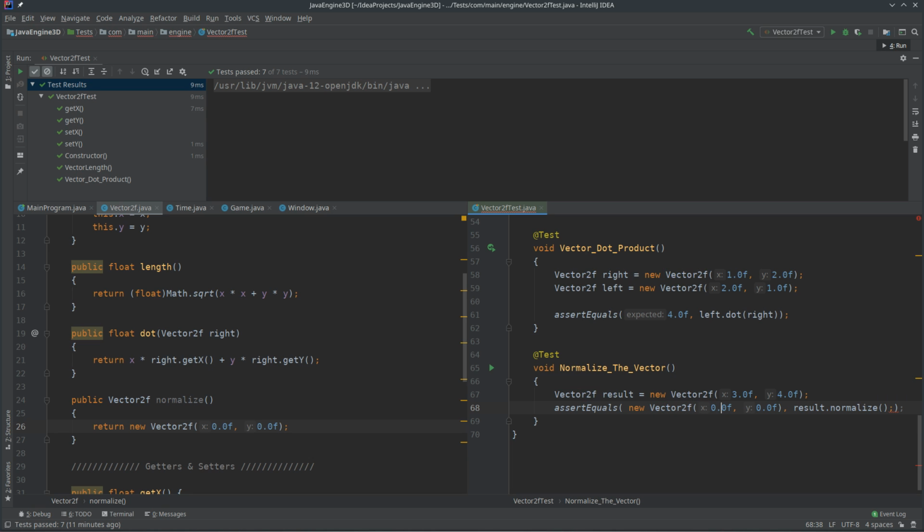Okay. What are these values going to be? We are normalizing 3 and 4. That makes the length 5. So the vector is going to be 3 over 5 and 4 over 5. 3/5 and 4/5. That is the correct. Wait a minute.